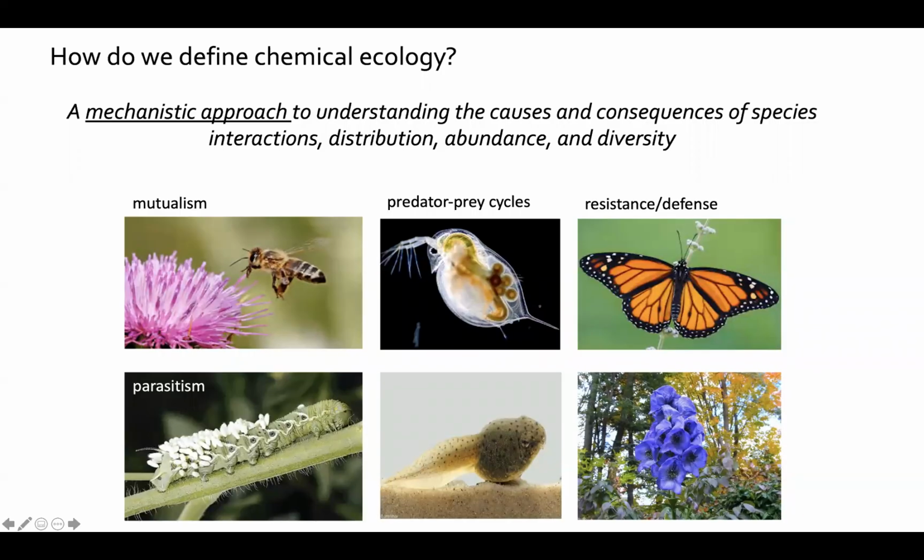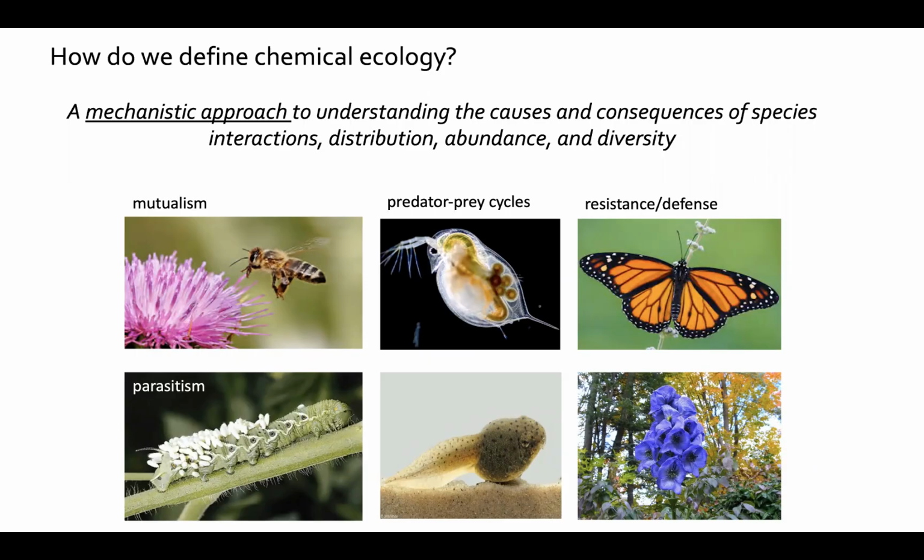Okay, so one of the first questions you might be asking yourself right now is, what is she talking about when she says chemical ecology? And maybe also, why would I care about chemical ecology? Well, since you're in this class, I'm assuming that you might be interested in chemical ecology because this is a field that can really reveal processes that drive that phytochemical variation in ecosystems, and then helps us understand how that chemical variation mediates interactions with all of the different organisms in that ecosystem, but in particular, insects.